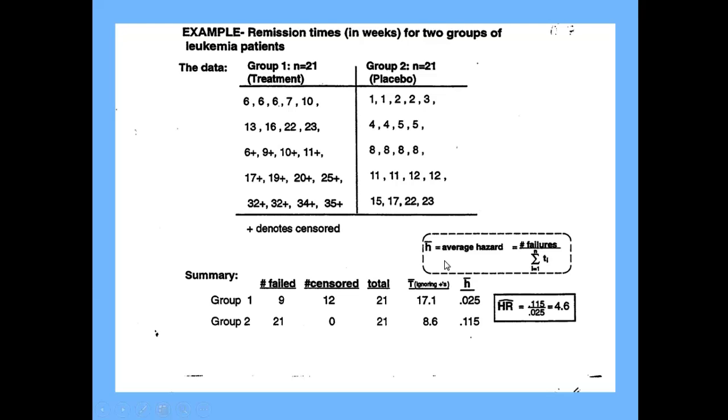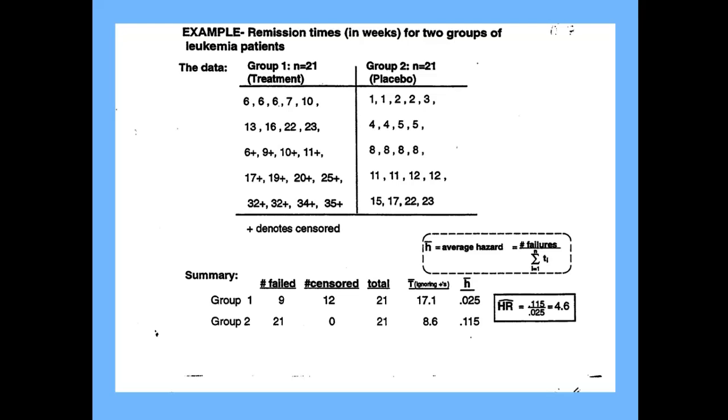Okay. So what you can see from what's on this slide, and I haven't talked anything theoretically about survival yet, is that the mean, ignoring the pluses, for group 1 was higher than the mean for group 2. But what do you notice about the rates? The rate for group 1 is smaller than the rate for group 2. Does that make sense?